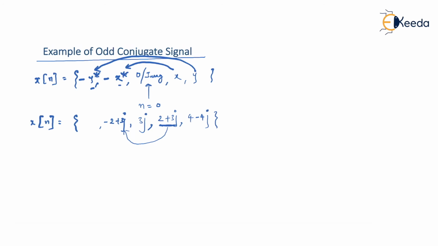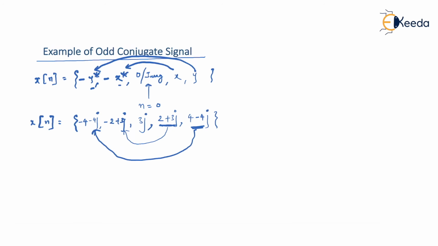Is that right? Similarly, negation of this should appear here along with the conjugate. So what is the negation of 4 minus 4j? Negation of 4 minus 4j will be minus 4 plus 4j. And thereafter taking the conjugate of the signal, you'll get minus 4 minus 4j.